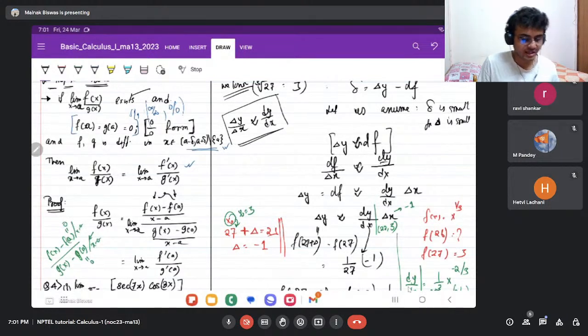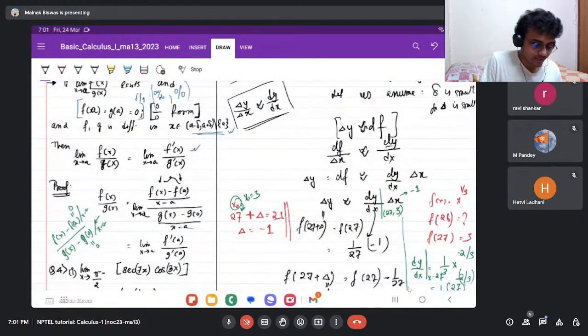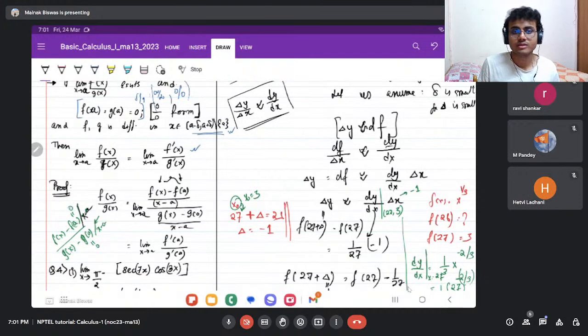If I do that, it's nothing but the derivative of the numerator and denominator, if they exist. I have divided both numerator and denominator by x minus a. Agreed? So this numerator is f prime a and this denominator is g prime a.